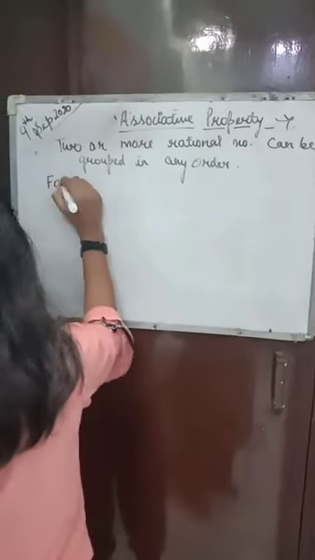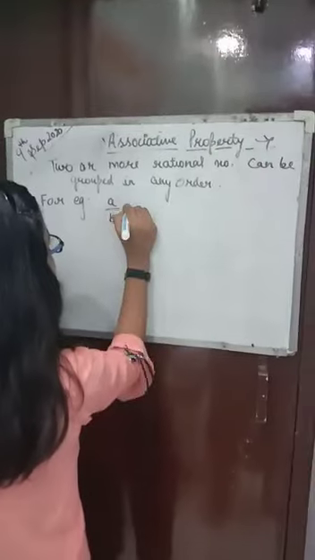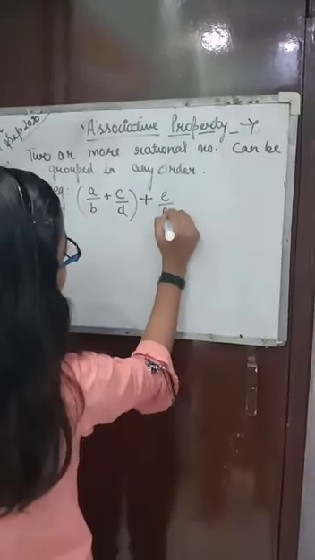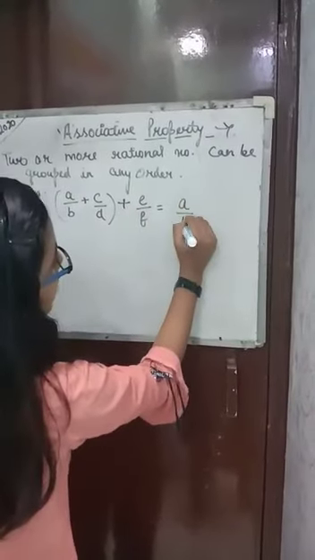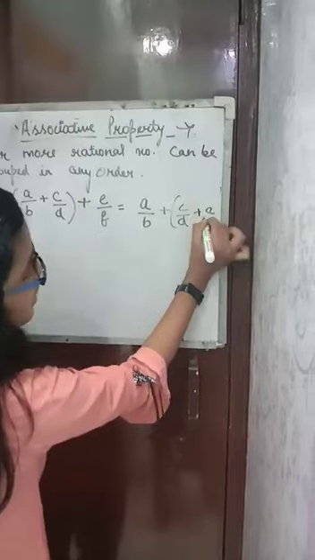For example, (a by b plus c by d) plus e by f is equal to a by b plus (c by d plus e by f).